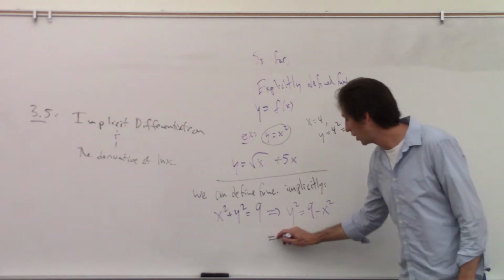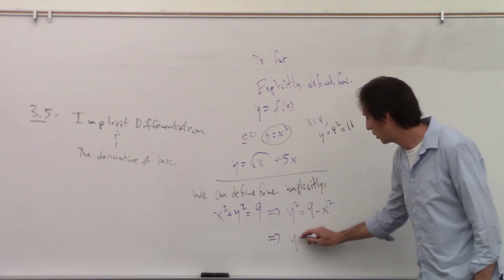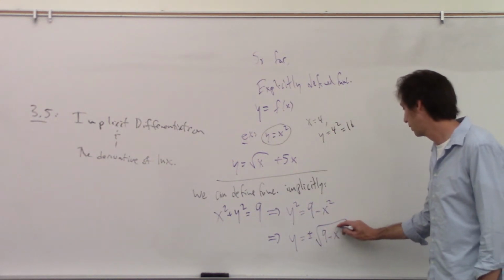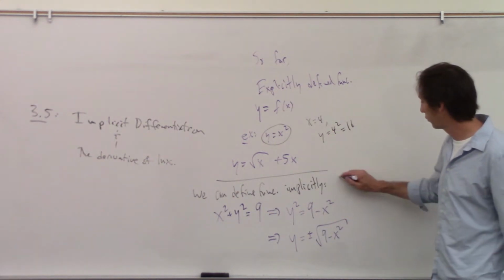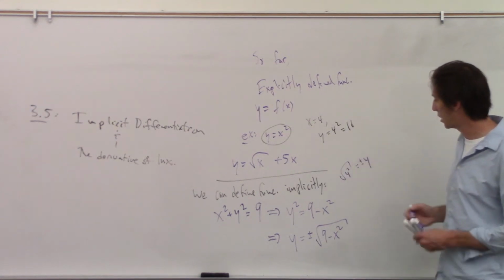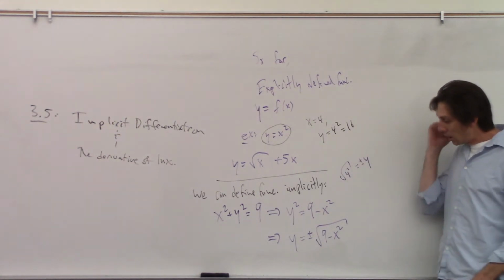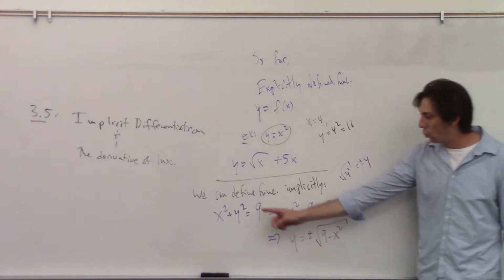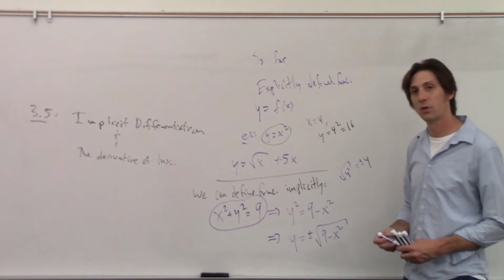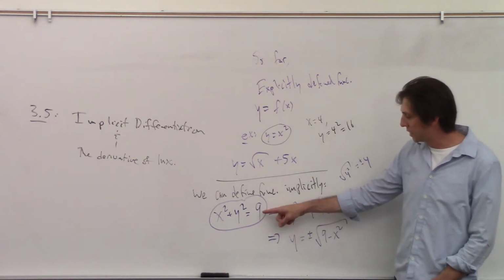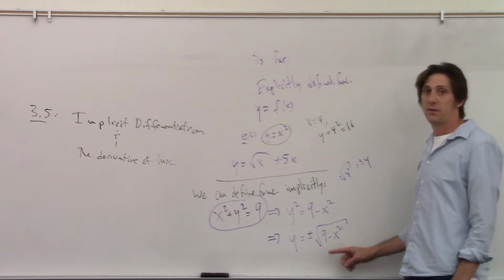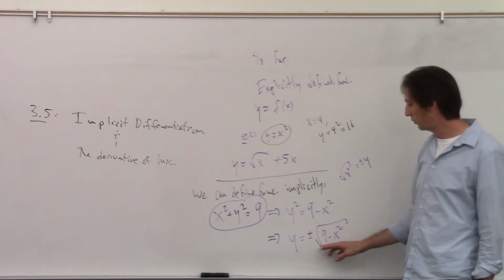So it's not quite in the form of y equals a function of just x. If I take the square root, I would get y equals plus or minus the square root of 9 minus x squared. Because remember that the square root of something squared is plus or minus that quantity. And so here this one implicitly defined expression, x squared plus y squared equals 9, turns out to correspond to two explicit functions, y equals f of x.